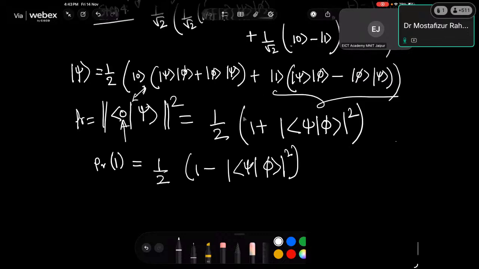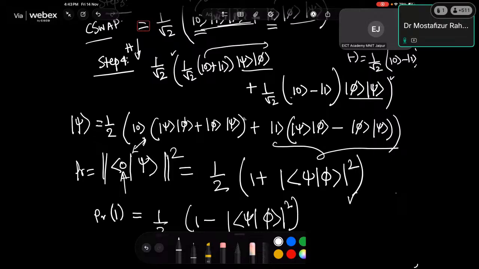Now you can ask me where this square is coming from. After doing the dot product, for 0, the second part is cancelled, projecting on 0, so you have only this part, and then you have to take the square of it. If you take the square, you get something like this, because the dot product of the same product becomes 1, and the opposite part comes as a side term.